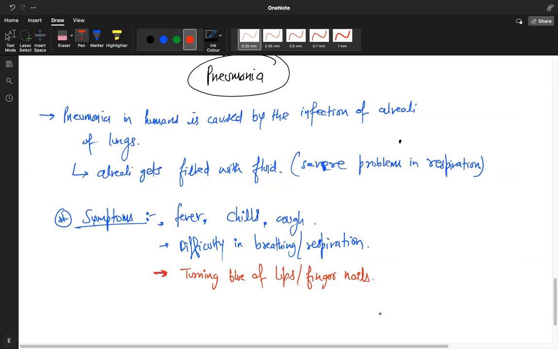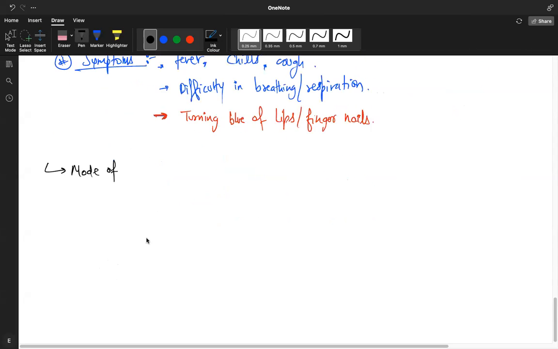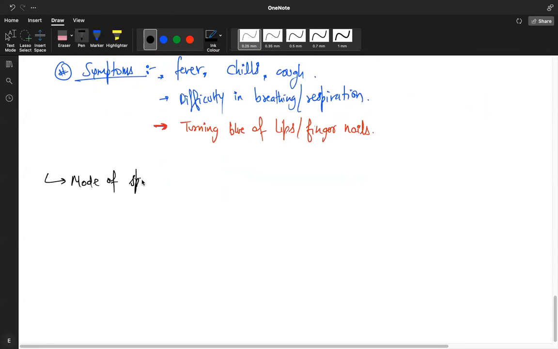And because it's an infection, do you think it can spread? Can it spread? Yes, sir. So what is the mode of spread? Through air. Yes, right.